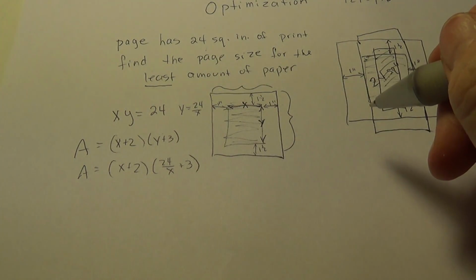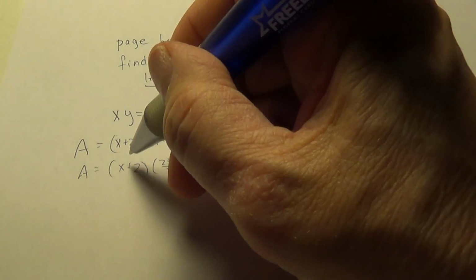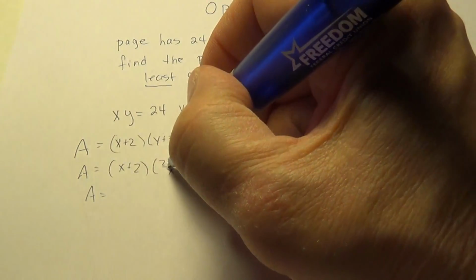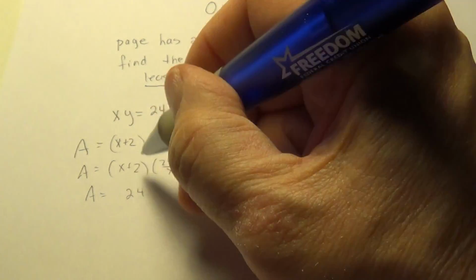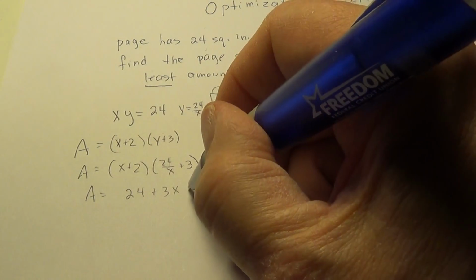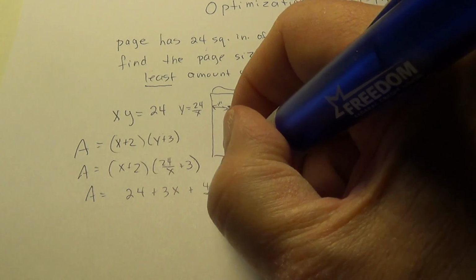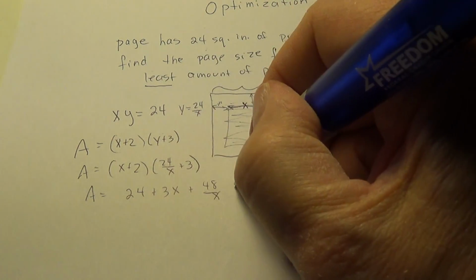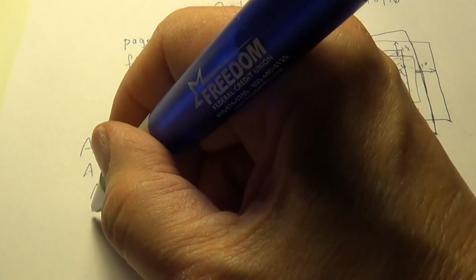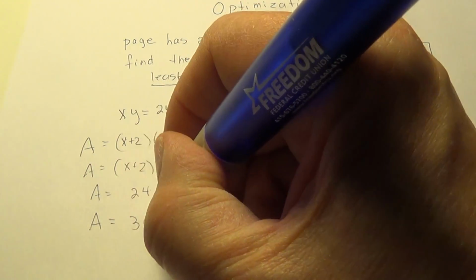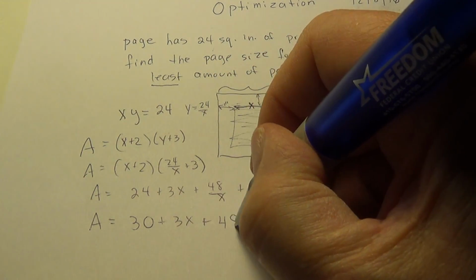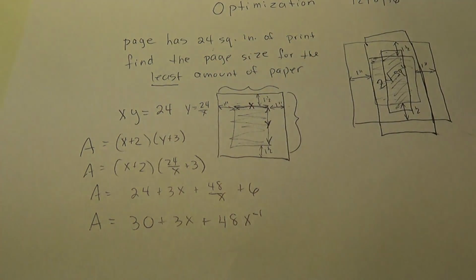Before I take the derivative, I'm just going to distribute this out. x times 24 over x, x times 3, that becomes 48 over x, and this becomes 6. 24 and 6 are 30, plus 3x, plus 48 x to the minus 1.